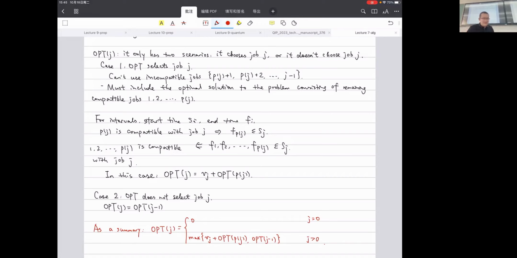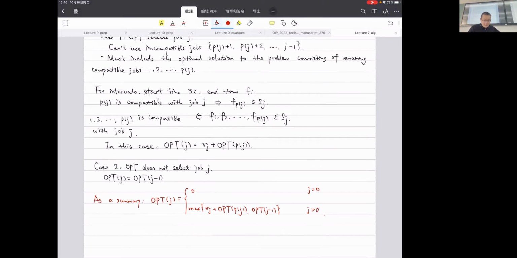This is really a little bit tricky, but in general, such a strategy, where you have a problem, take a close look at the optimal solution, think about its structure and divide it into subproblems, is called dynamic programming. And this is the main focus that we are going to talk about today and also in the next lecture.